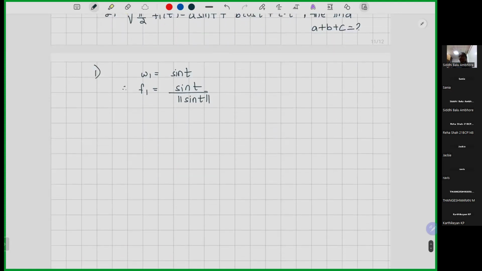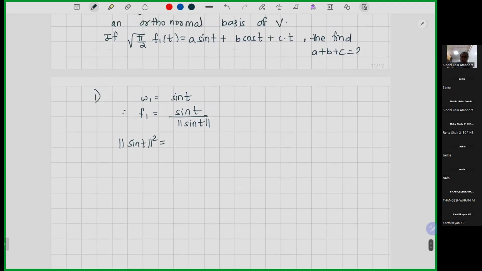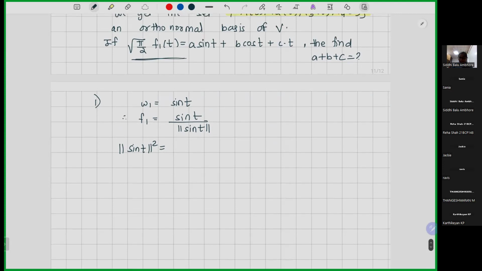Then I have to find the norm of sine t to find f1, because here I am writing f1 as a linear combination of sine, cos and t. So I have to find what f1 is so that I can talk about this linear combination.